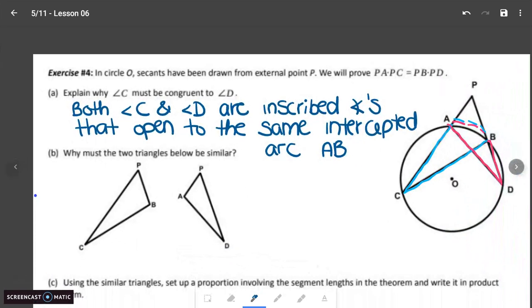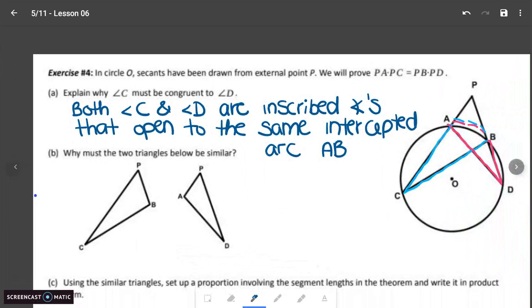So if they both, think about that rule. It's been a while since we talked about the inscribed angle rule, but the angle is always half of the arc it opens to. No matter what that arc length is, if they open up to the same arc, they're going to both be half that arc, so the two of them are congruent. Okay, so that being said, we have those two angles which we already know are congruent.